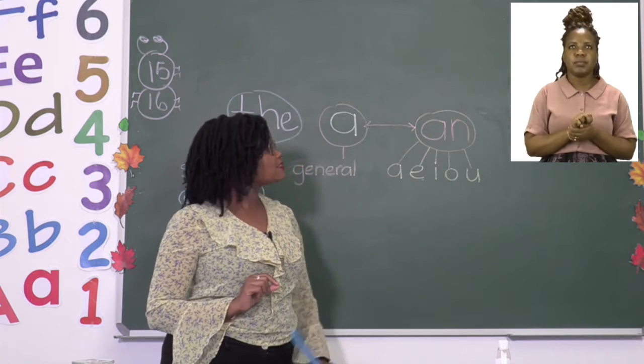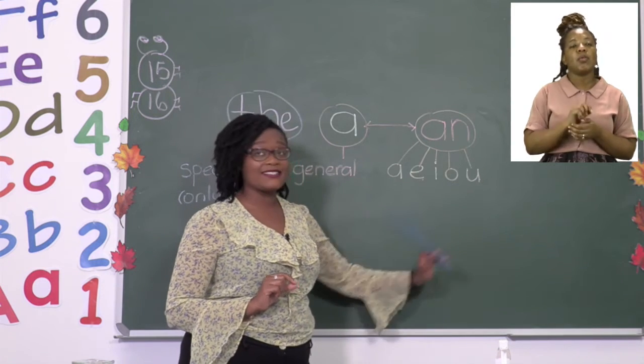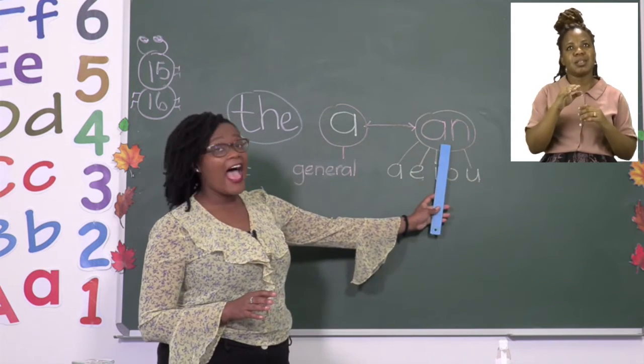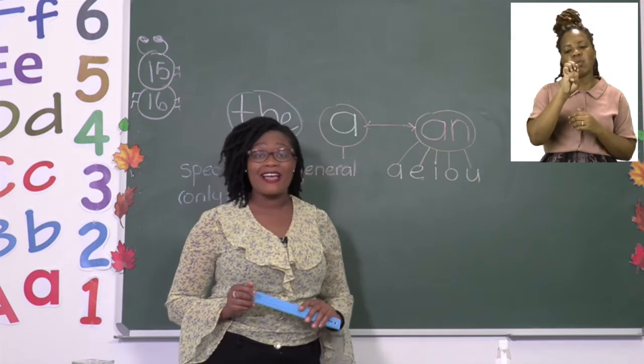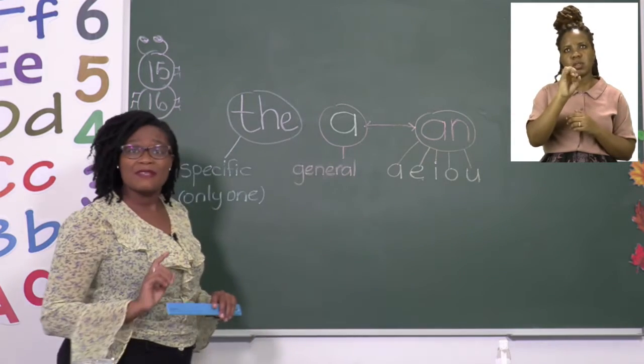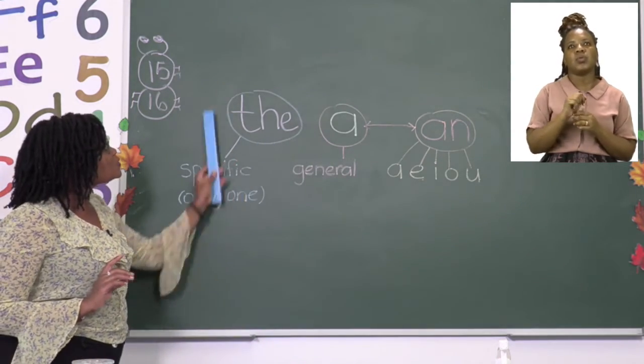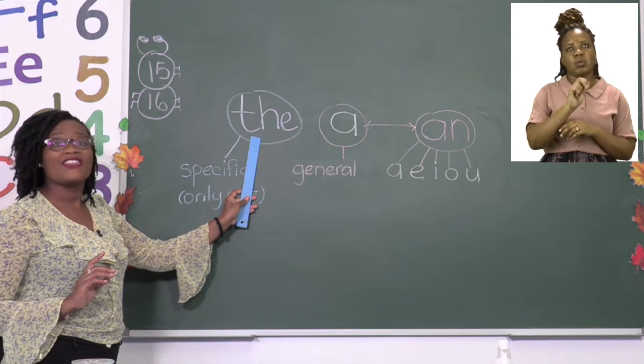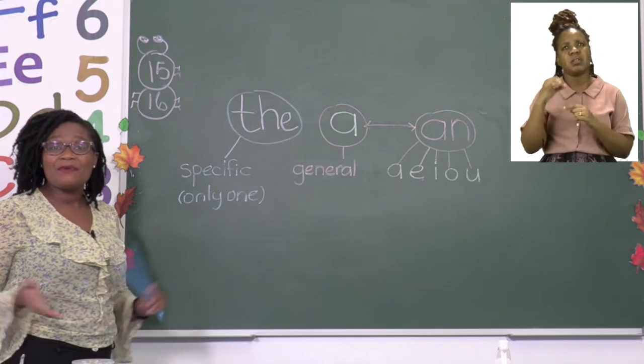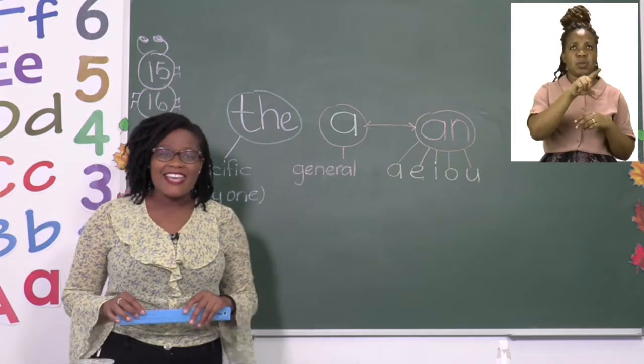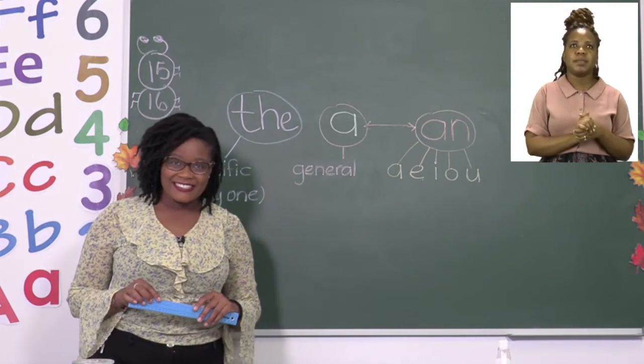So if a word starts with any of the vowel sounds, then we put an if it is for a general idea. But if it is for a specific idea, we always use the word the. So now that we have recapped, let's take a look at the ones we have in our booklet.